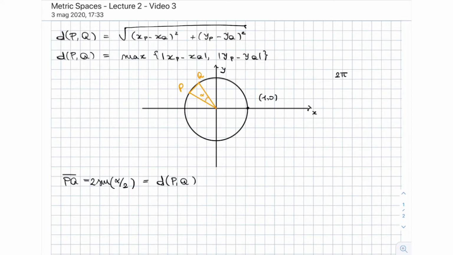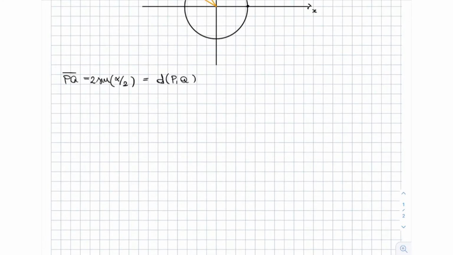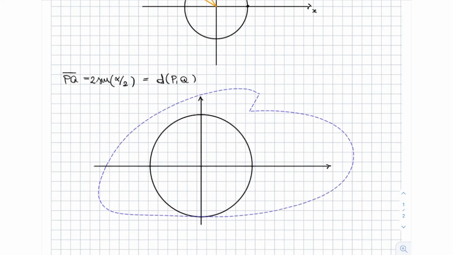Now, to compute the length of a curve with our definition, what we have to do is choose a lot of points on the circle, as many points as we want, and sum the distance between all these points, and then we have to increase the number of points as much as we can. So let's say we draw again the circle we had before, but we make it a little bit bigger.